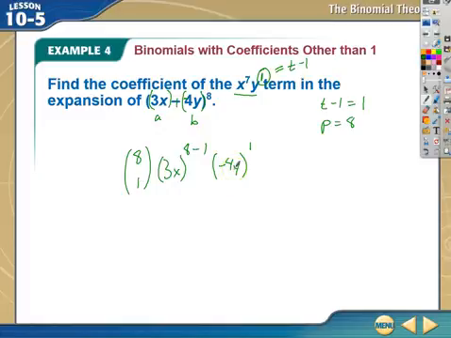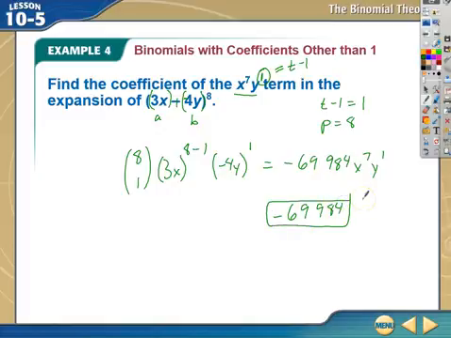I'm going to get negative 69,984 x to the 7th power, y to the 1st. So my coefficient is negative 69,984. Boom.